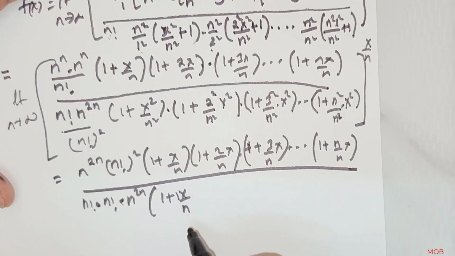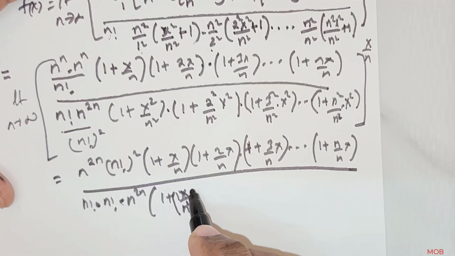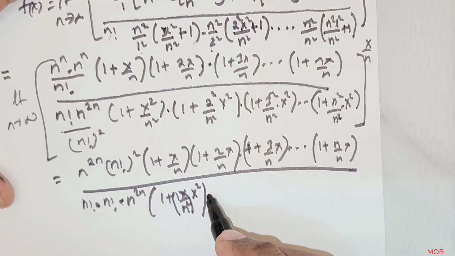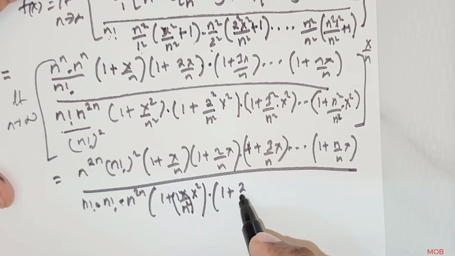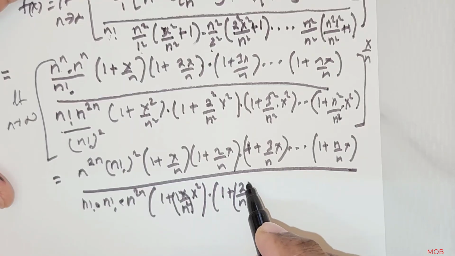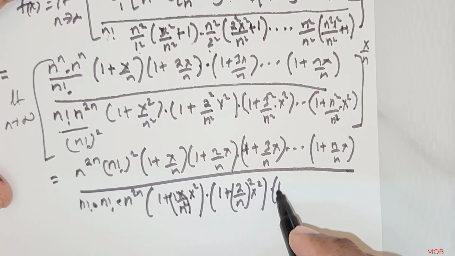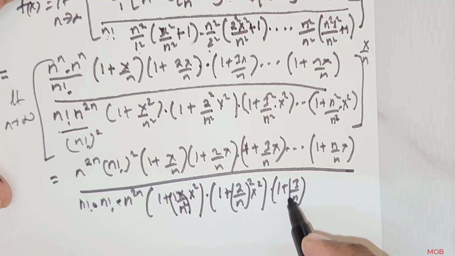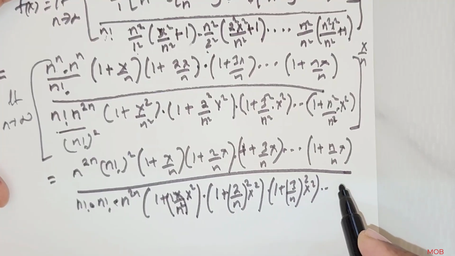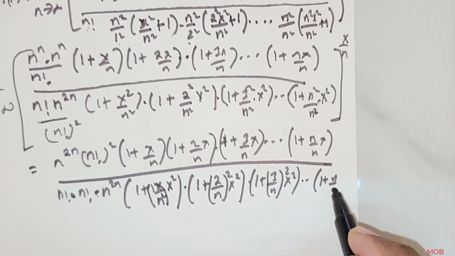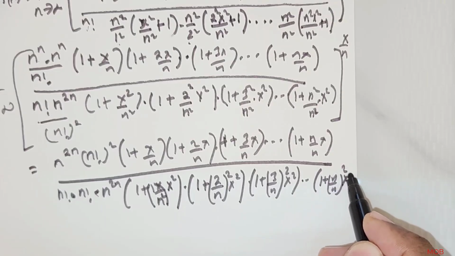Okay, so I'm going to write it as 1 over n squared times x squared multiplied with 1 plus 2 over n squared times x squared times 1 plus 3 over n squared times x squared all the way to 1 plus n over n squared times x squared.